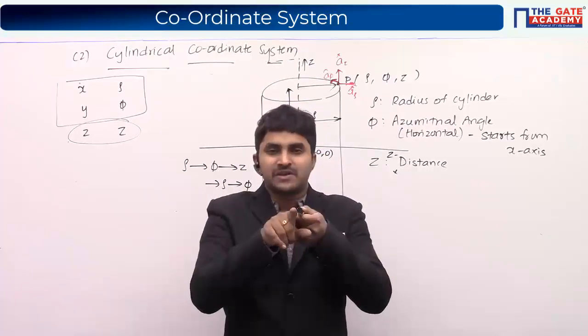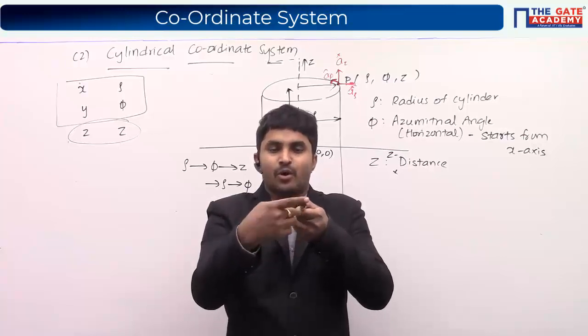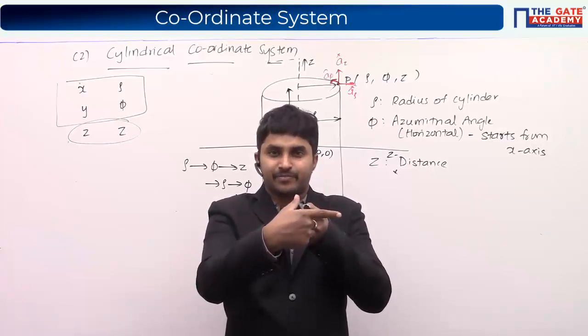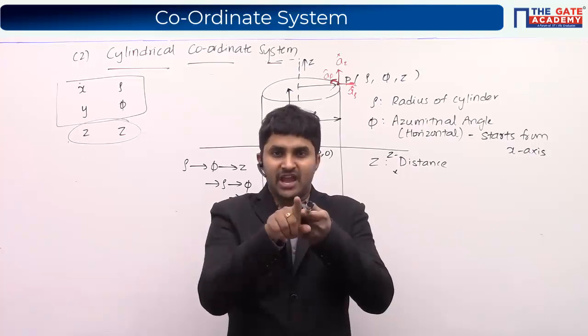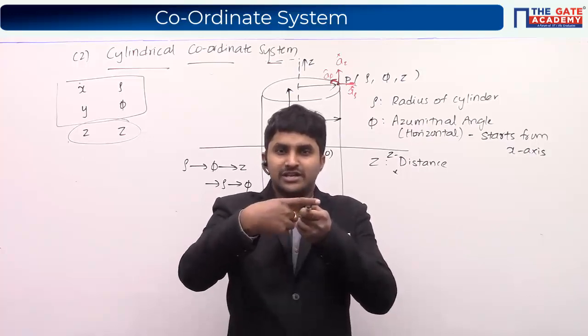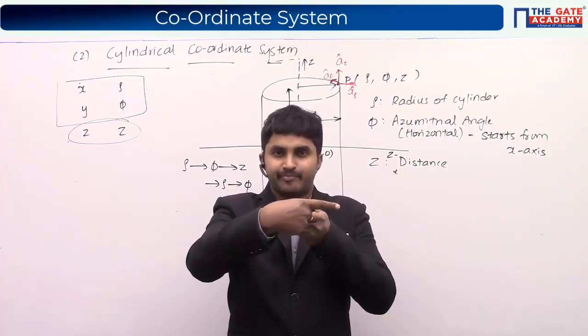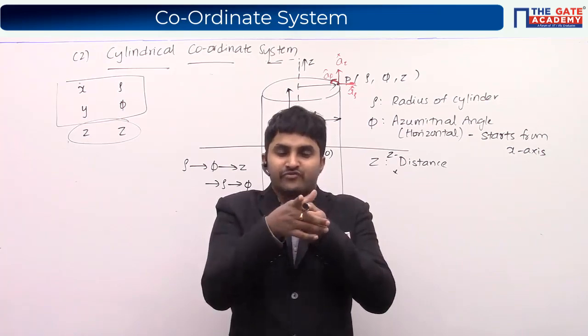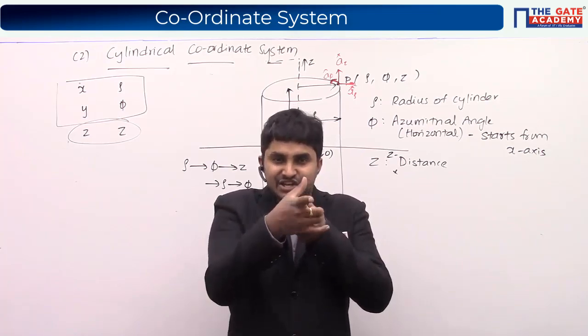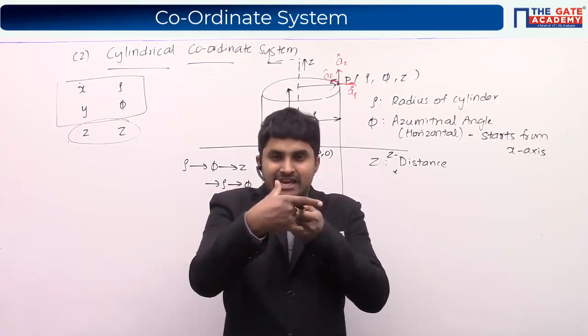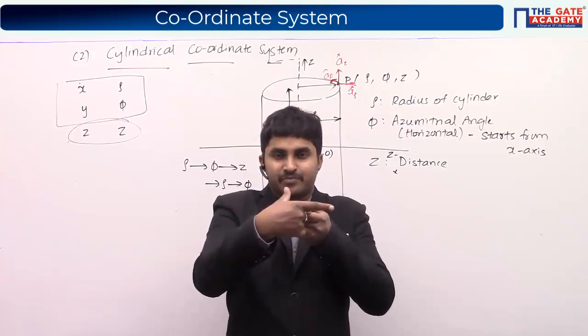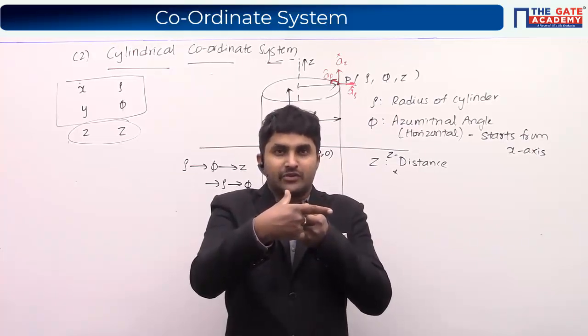Now this is my Z axis. If this is my Z direction, then what is this direction? Very good. So if this is the Z direction, then this is going to be the X direction. Please don't confuse, we'll come to rho.